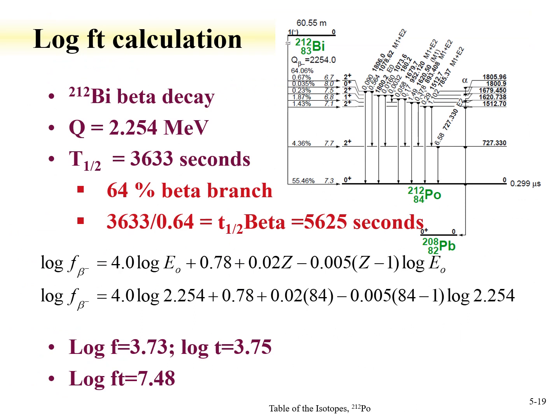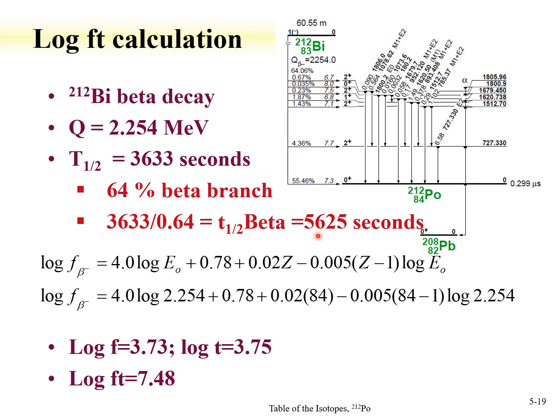We can perform another log FT calculation. Now let's use the beta decay of bismuth-212. The Q value is listed here. We need the Q value in MeV, so it's 2.254 MeV. The half-life is 3,600 seconds. Well, we actually need to get the beta decay half-life, which winds up being 5,625 seconds.